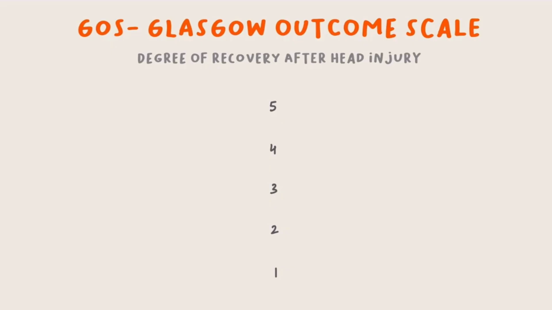Here, the scale runs from 5 to 1, 5, of course, being the most desirable, best response possible. Here, we assign a score of 5 to a patient who has a good recovery and they are able to live a normal life.